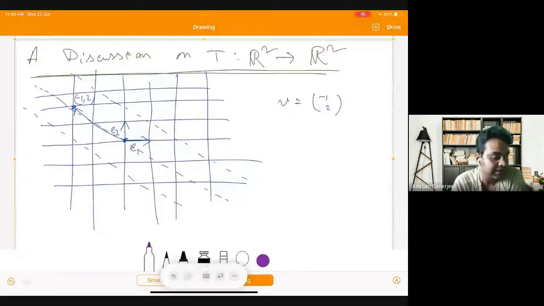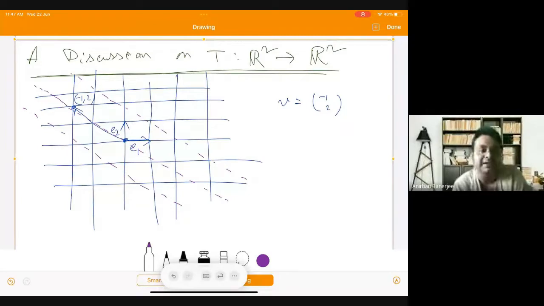So this was the vector v. Now the vector v is transformed and becomes somewhere. But where does it go? We have to figure it out.